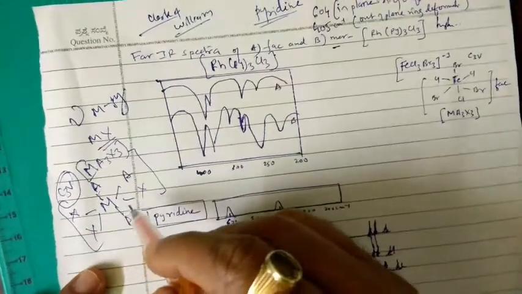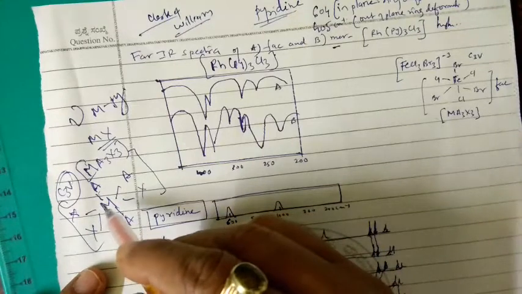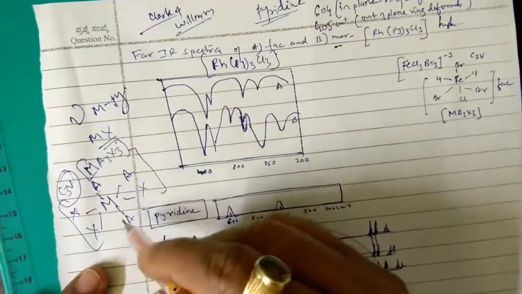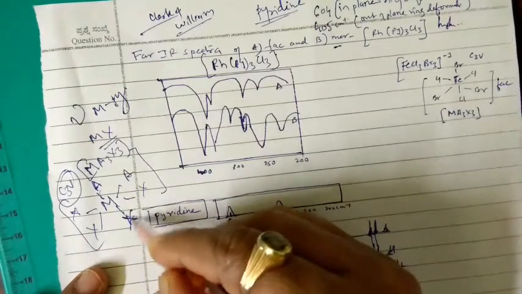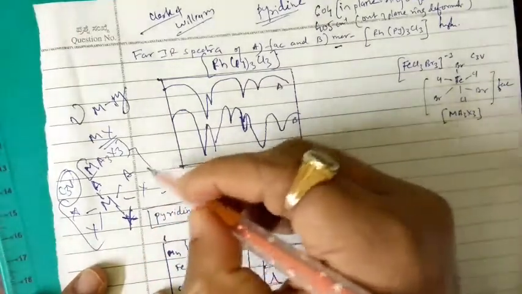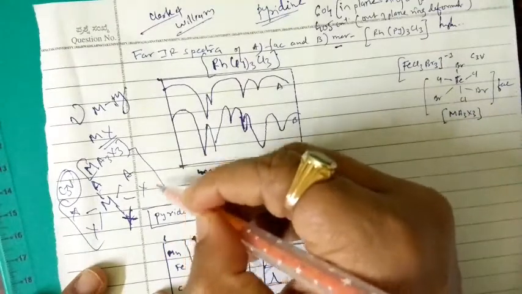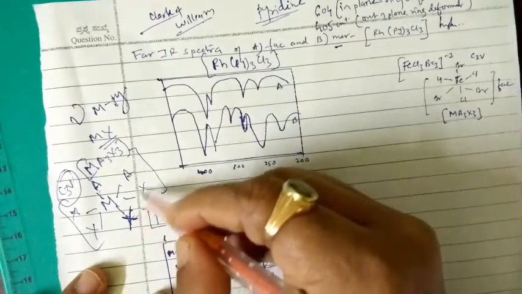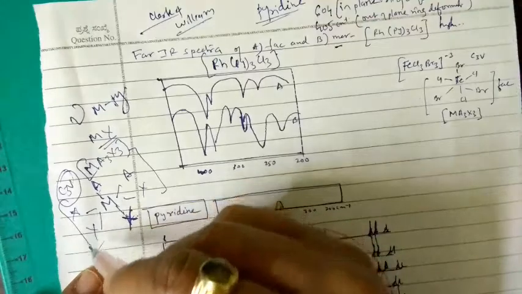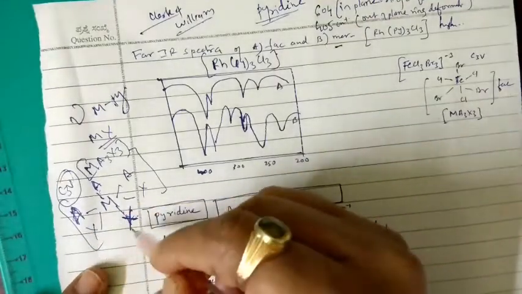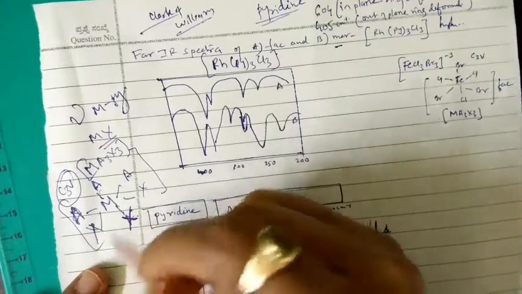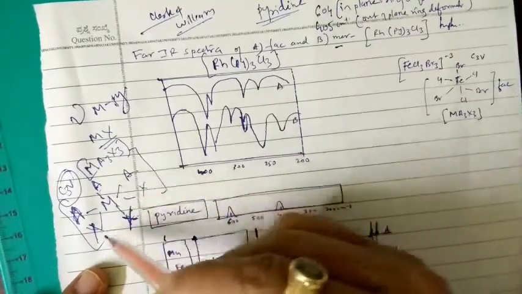So A and X here. Then here you can take it as AX. Here A, 1 2 3, and X, 1 2 3, yes.